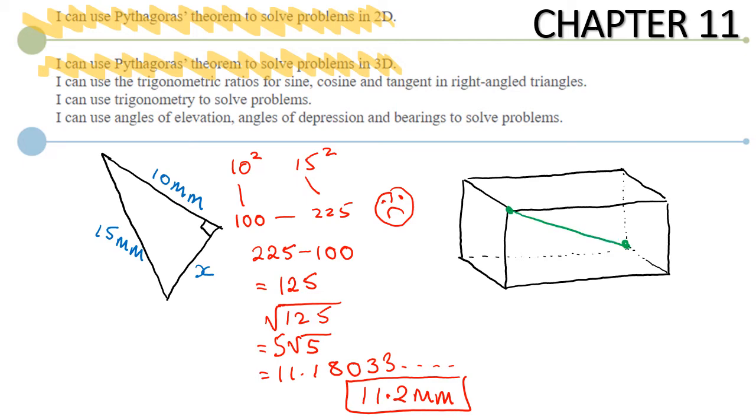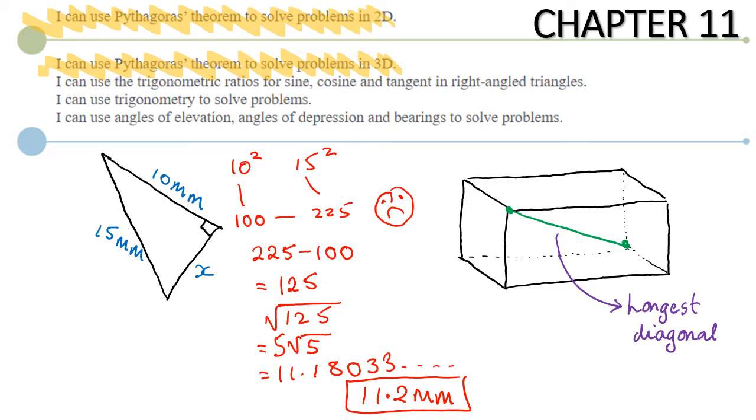Now that diagonal, it's difficult to see in this diagram, is going from the front corner to the opposite back corner. And in fact, when you draw something like that, it's the longest diagonal in that box. So if you were trying to fit something in that box, that's the longest distance you can get.